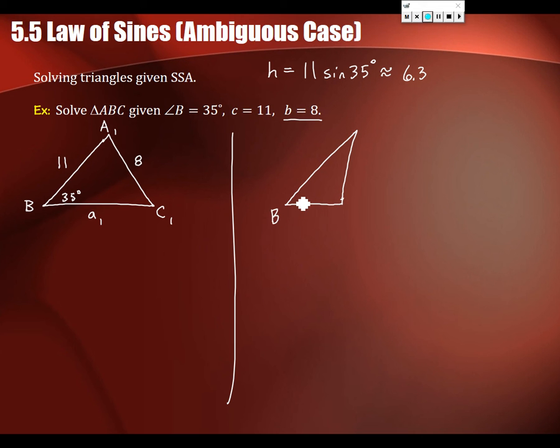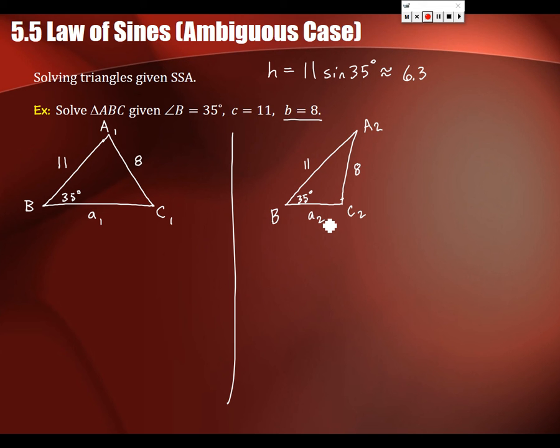In this triangle, we have the exact same stuff happening, 11, 8, but it looks like maybe this instead. So we'll call this C2, A2, and little a2. Right, so we're going to solve both triangles. That is, in the end, I need you to give me the value of C1, big A1, little a1, and big C2, big A2, and little a2. Six answers when we're done, okay?